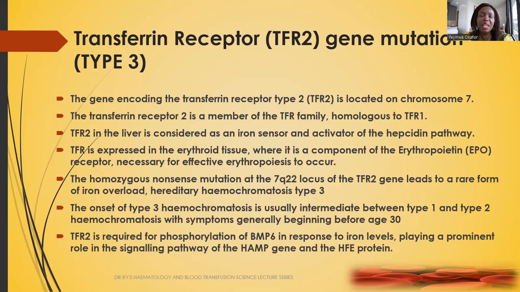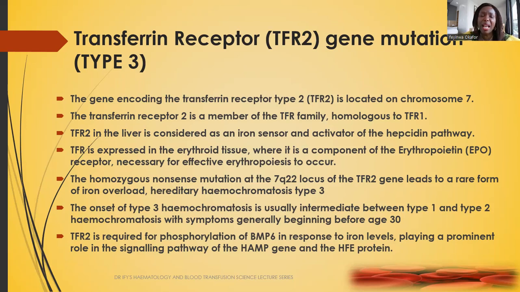Transferrin receptor is expressed in the erythroid tissue, where it is a component of the erythropoietin receptor necessary for effective erythropoiesis to occur. The homozygous nonsense mutation at the 7q23 locus of the transferrin receptor gene leads to a rare form of iron overload called hereditary hemochromatosis type 3.